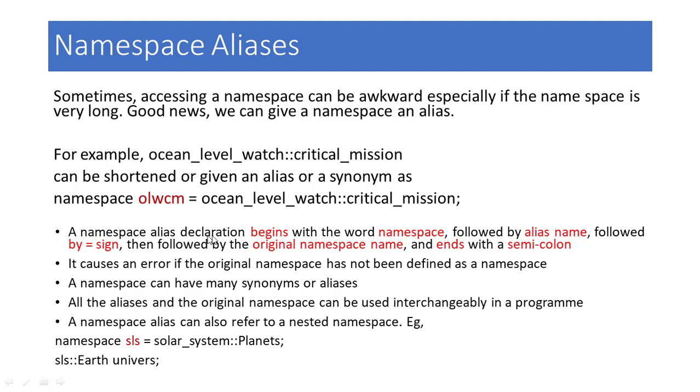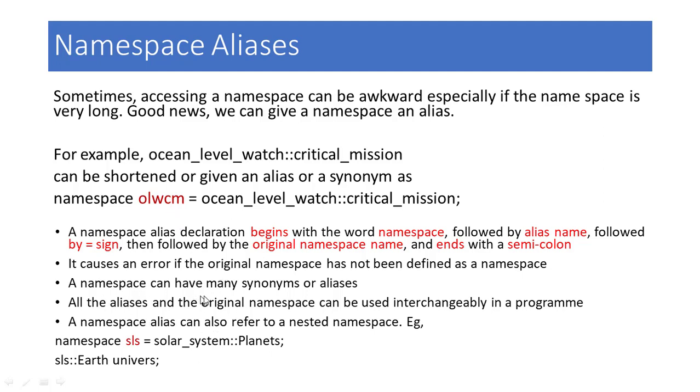A namespace alias declaration begins with the word namespace, followed by alias name, followed by equal sign, then followed by the original namespace, and ends with a semicolon. It causes an error if the original namespace has not been defined as a namespace. What that means is, if you have not defined this one, you cannot create an alias for it.